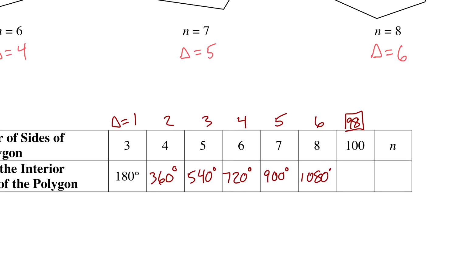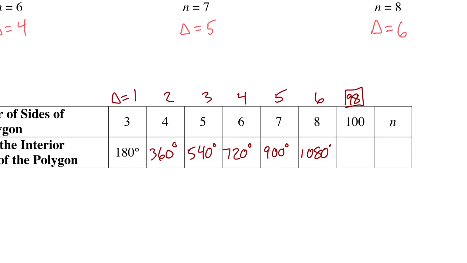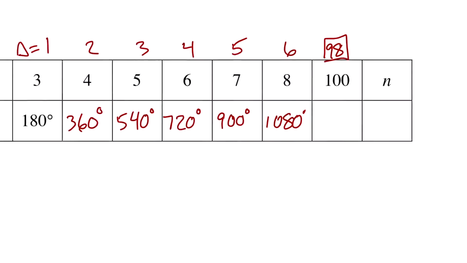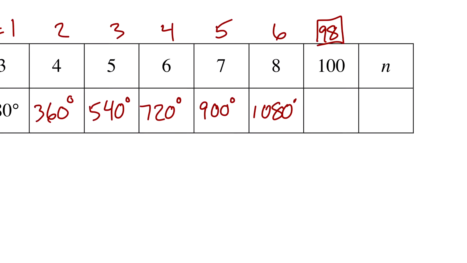And then how do we figure out what all those angles add up to? No way we're going to draw a picture for that. On the previous one, as a reminder, we took our 8 and subtracted 2, which gave us the number of triangles. But we needed to multiply that by 180 so that we could get the total angle measurement.